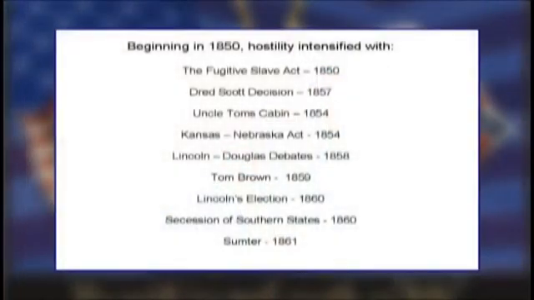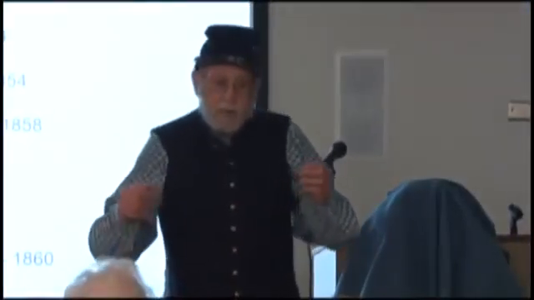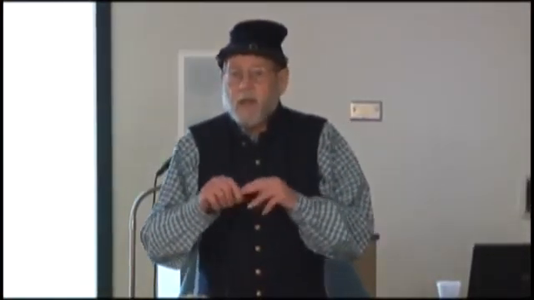The Kansas-Nebraska Act. When Kansas was acquired as part of the Louisiana Territory and so on, the Kansas-Nebraska Act came up: would it be admitted as a free state or a slave state? And Senator Douglas wanted to let the voters in the state decide what it was going to become.